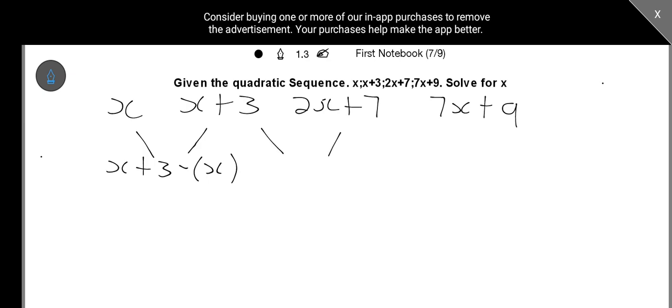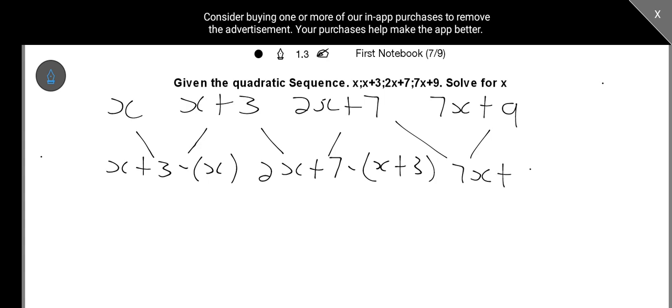And then again, we're going to have 2x plus 7, and we're going to subtract x plus 3. And then we're going to say 7x plus 9, and we're going to subtract 2x plus 7.